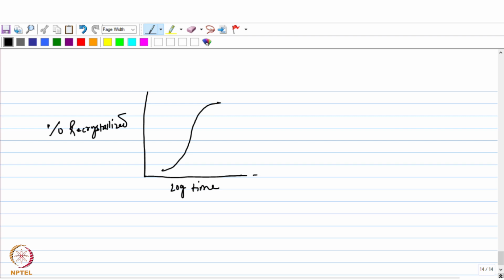If you do this at different temperatures, you take the same material, deform it to the same level, and then you heat it to different temperatures and hold it for different amounts of time. Okay, so as you increase the temperature, you would find that the time for a particular amount of recrystallization will also decrease.